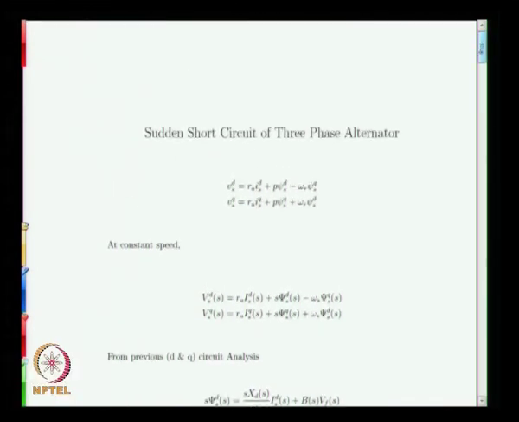Now, out of the disturbances that can be visualized for the alternator, this is in fact a very major and fairly severe disturbance. One can also see, as we go along, that this is one of the important evaluations recommended for the alternator.